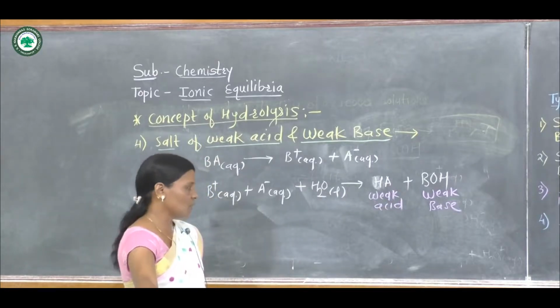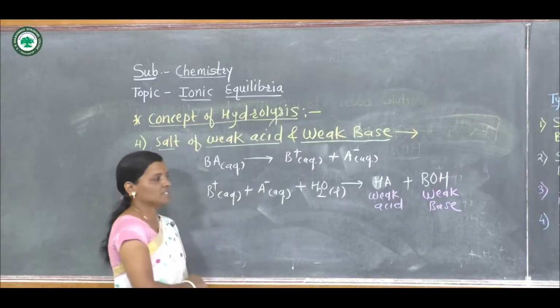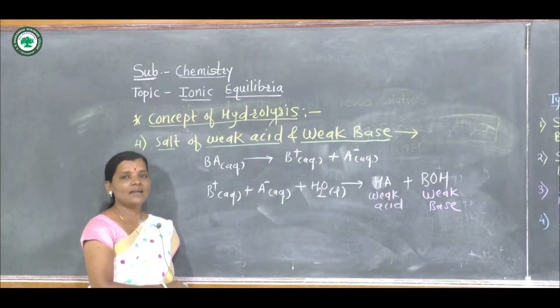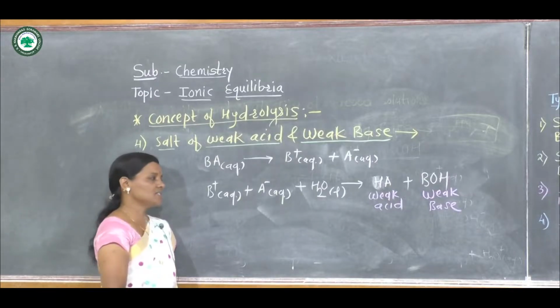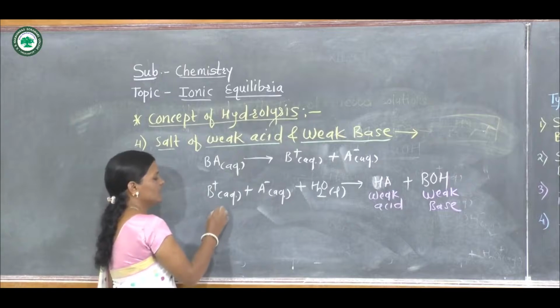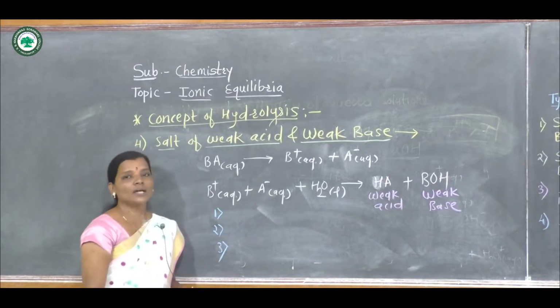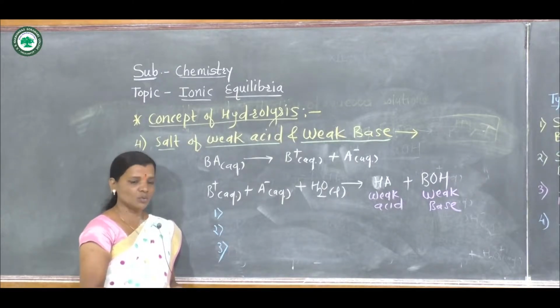Now let us see how. The strength of acids and bases is determined by the dissociation constant of acids and bases. There are three conditions which give us an idea about the acidity, basicity or neutrality of the aqueous solution.